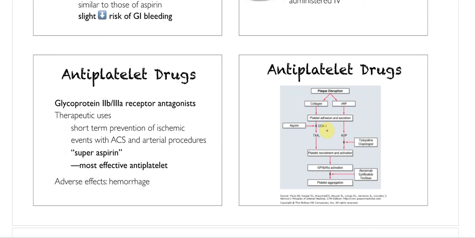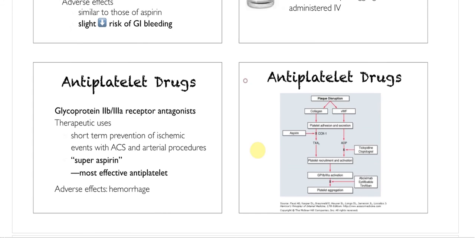So when it comes to the antiplatelet medications, aspirin works high up in the chain, about the same level as clopidogrel or Plavix, preventing platelet recruitment and activation. For the glycoprotein 2B3A antagonists, I'm not going to try to pronounce those, these are going to specifically prevent platelet aggregation.